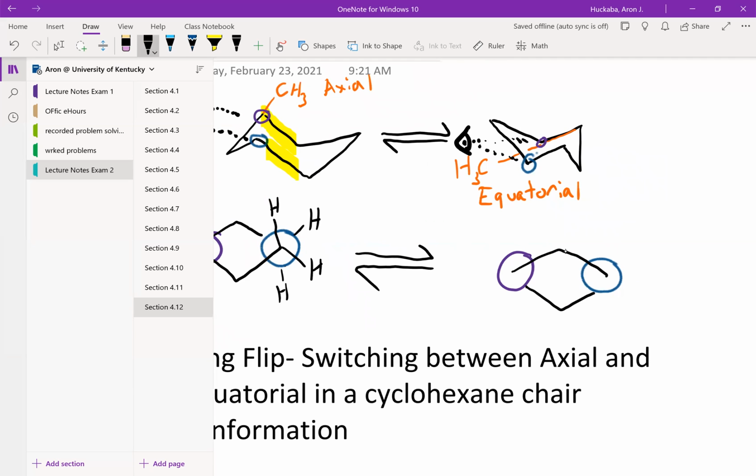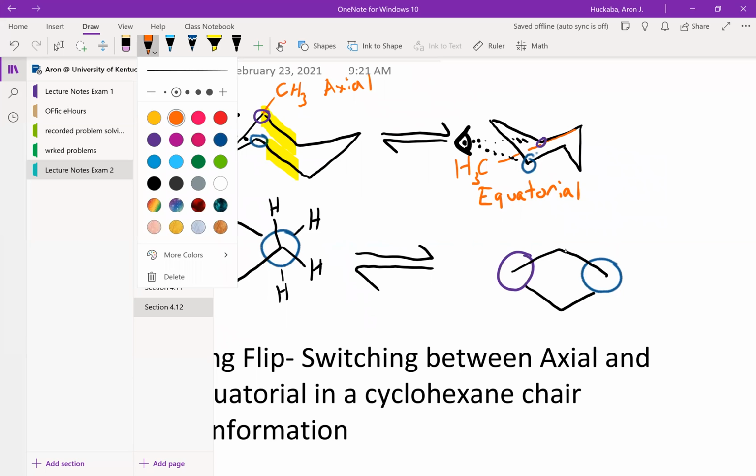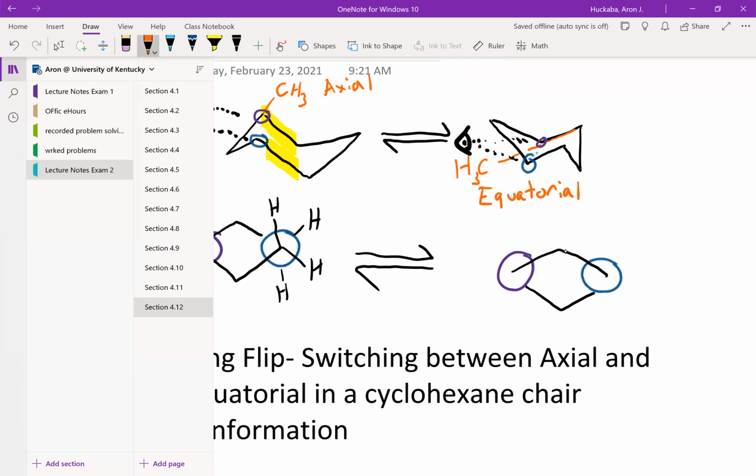And also, as we said, the CH3 group that we were just talking about now becomes equatorial instead of axial. Here's our other hydrogens.